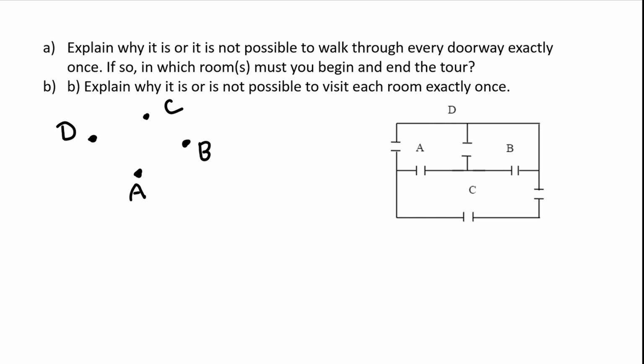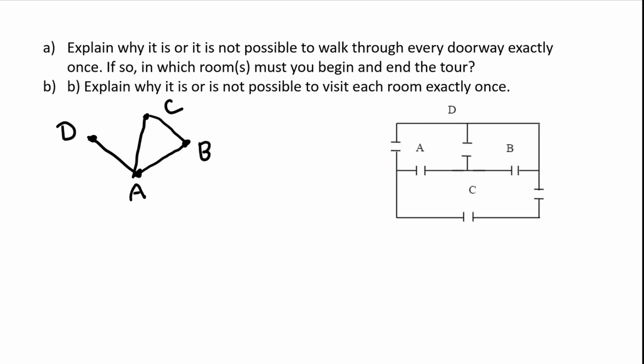Now looking at my drawing that's provided, I notice that there is a doorway from A to B. So that's an edge. I also notice that there is a doorway from A to C. There is a doorway from C to B. So there we have a cycle or circuit. We have a doorway to get from A to the outside.